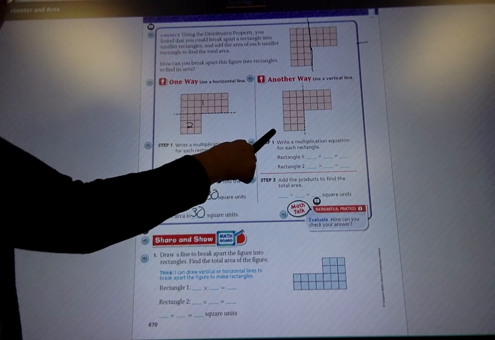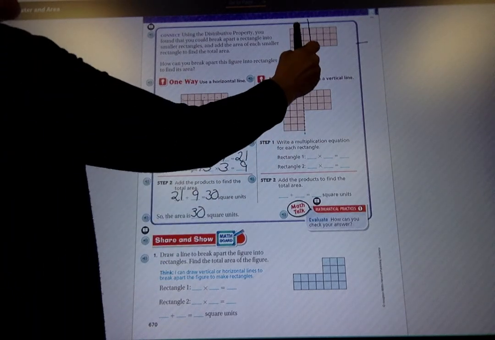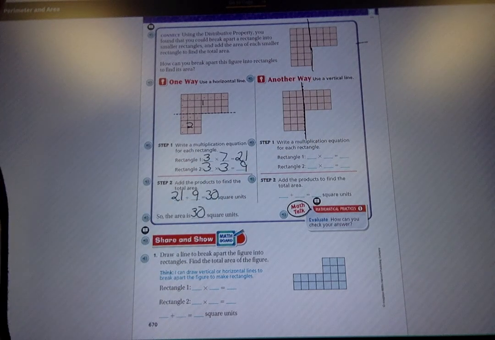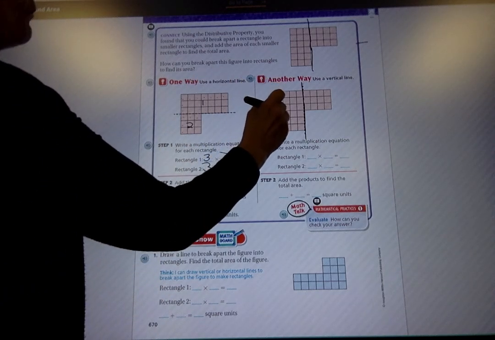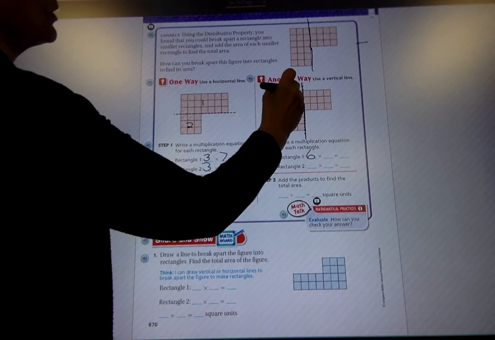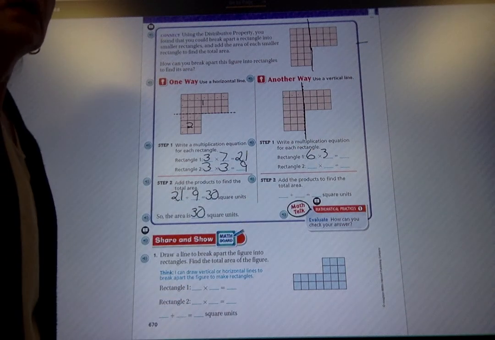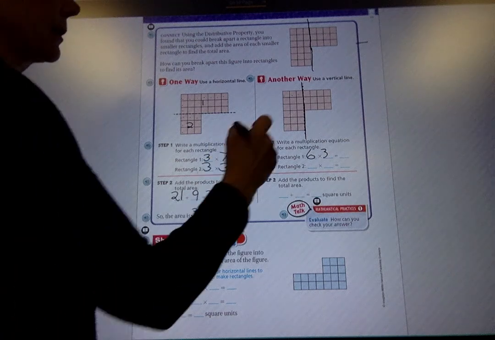We should get the same answer over here, shouldn't we? It's the same problem, but now they've split it going up and down vertically. Let's take a look. Here we have 1, 2, 3, 4, 5, 6 by 1, 2, 3. 6 times 3, 6, 12, 18.